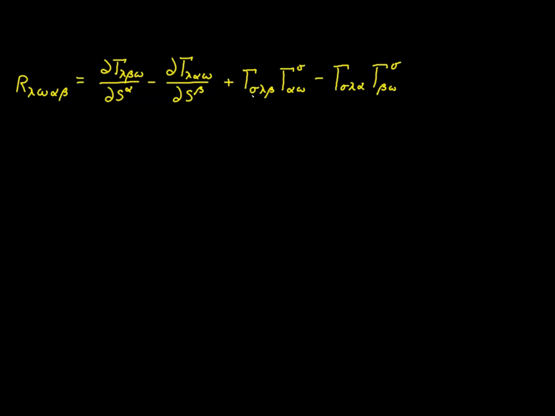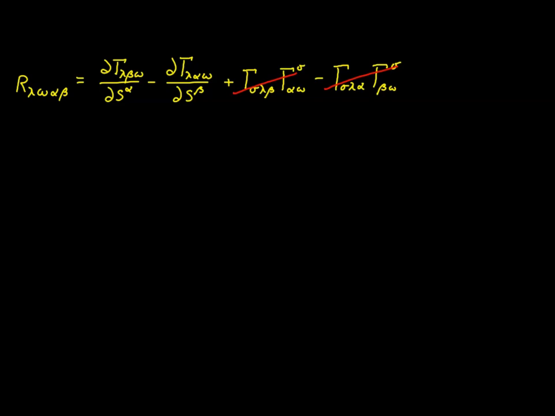Well, the main feature of those coordinates is that all of the Christoffel symbols evaluate to 0 at the point of evaluation. So that means that this expression simplifies to the fact that all of these terms drop out. They all become 0.